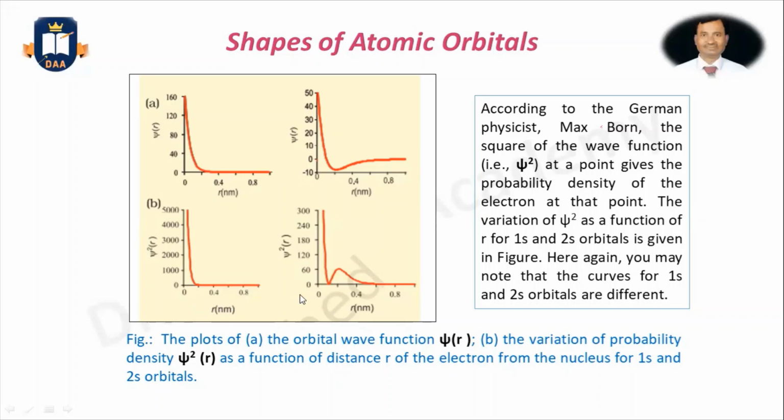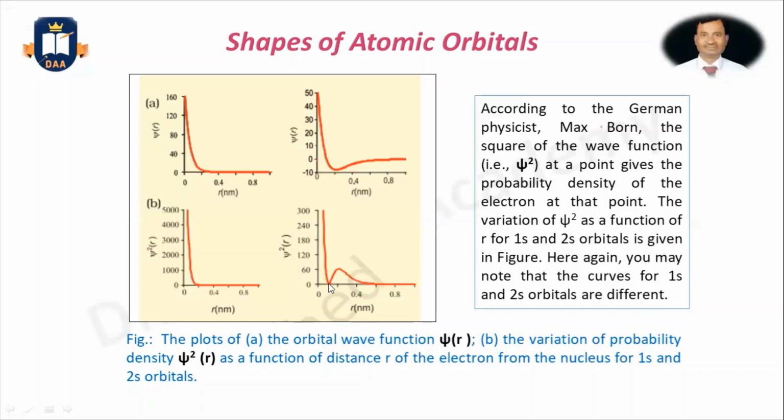But for the 2s orbital, this is the graph, psi square versus r. The psi square value in this case suddenly drops with increasing r value, and it drops to 0.